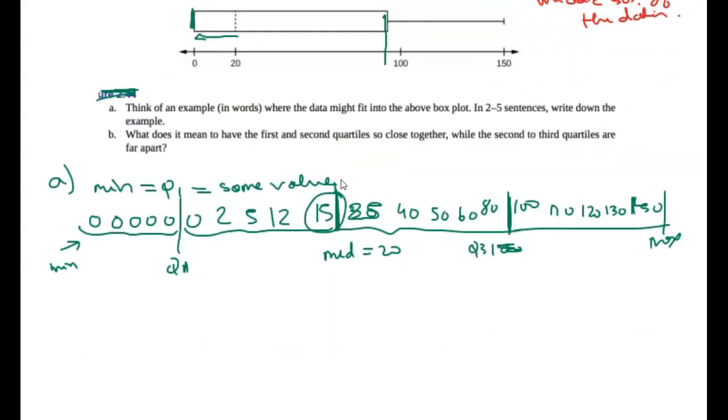So what would generate this data? We have a bunch of zeros and a few low numbers and a bunch of high numbers that are more spread out. Maybe if I ask people, how much money do you have in your wallet?